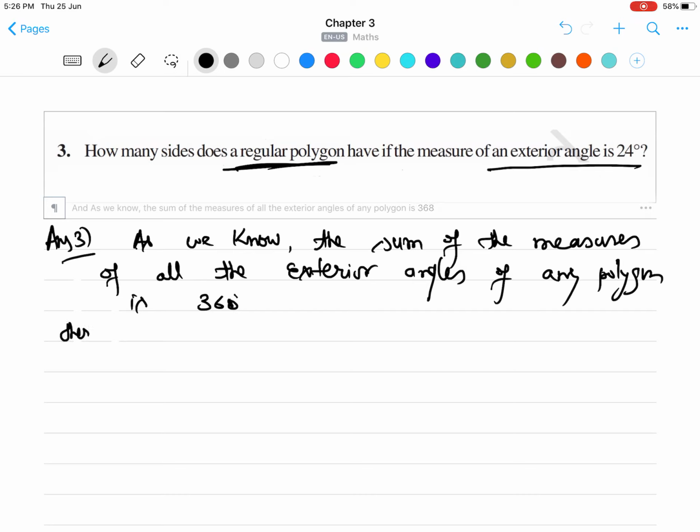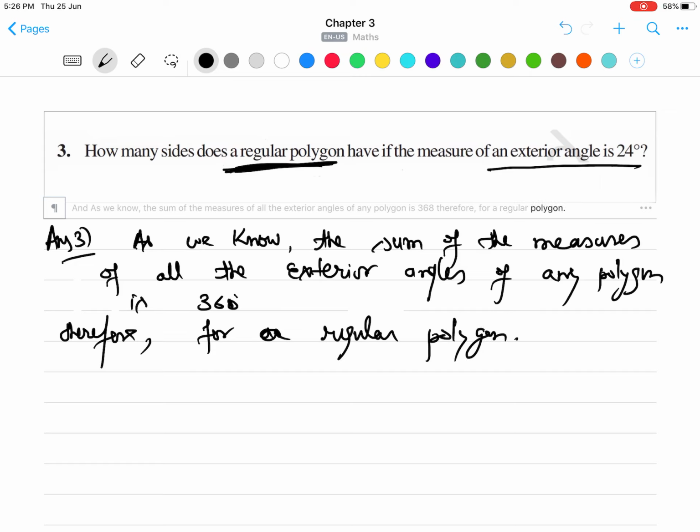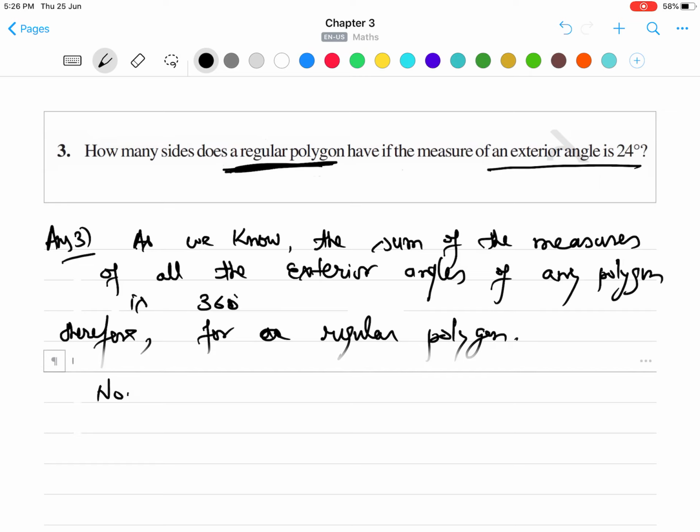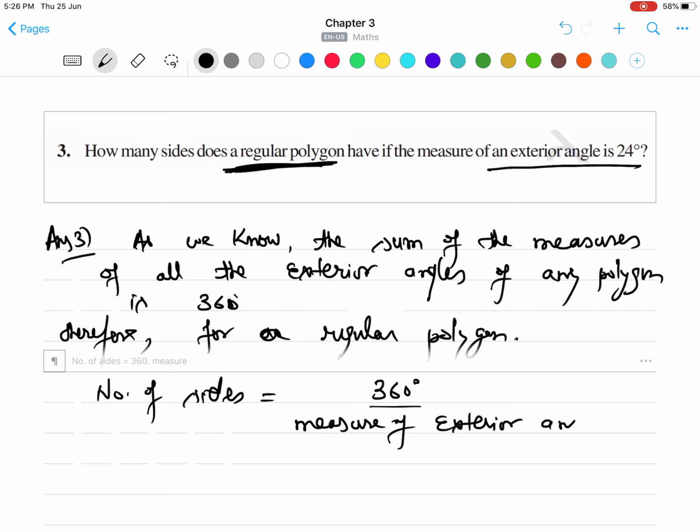Okay, therefore, as it is given the polygon is a regular polygon, for a regular polygon the number of sides is given by 360 degrees divided by the measure of the exterior angle.